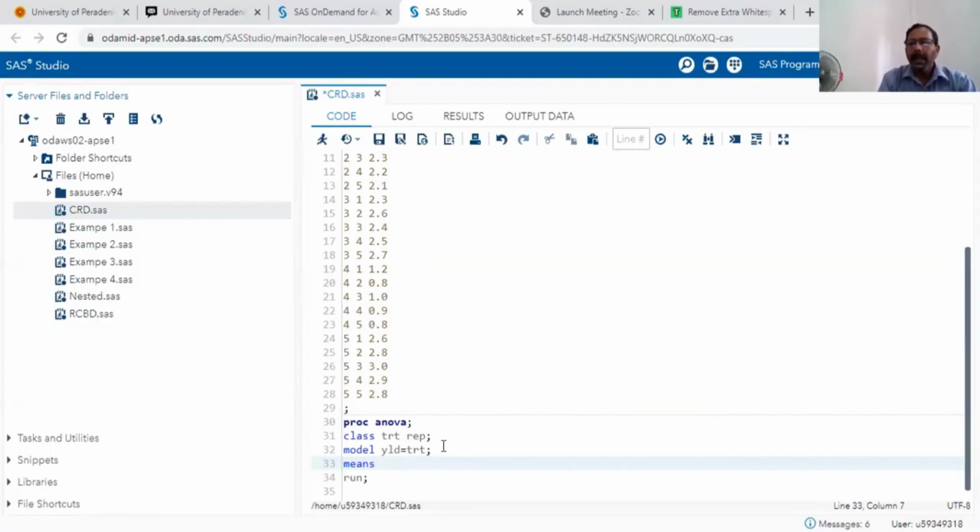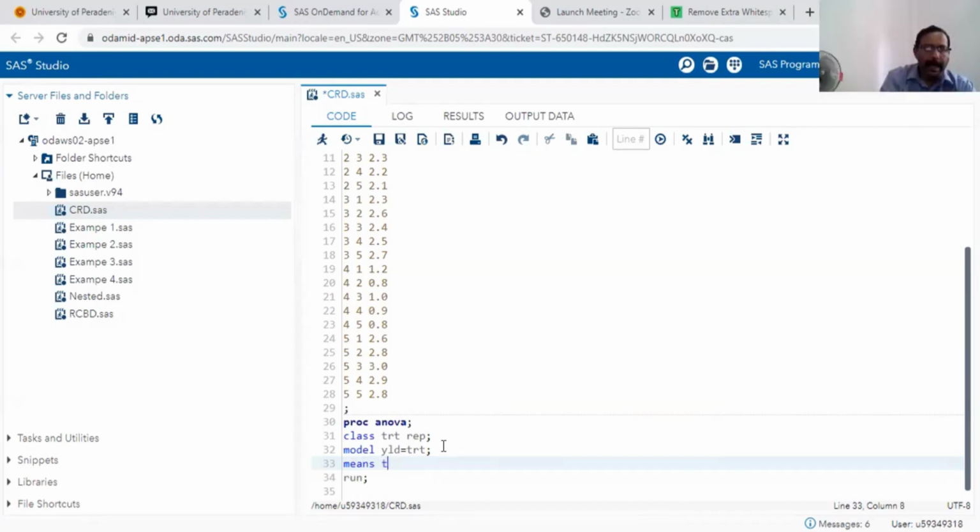Means. Which one do we want to separate the means for? For replicate or for treatment in this case? Which one do we want to compare, among the replicates or among the treatments? Treatment.